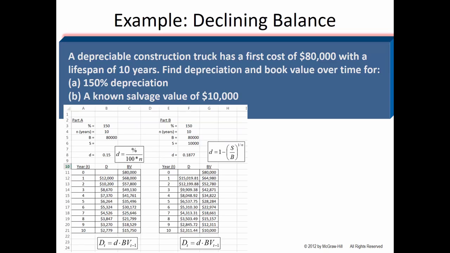So the depreciation in year one is still 80,000 times the factor lowercase d, and so on and so forth. But you'll notice that at the end of the 10 years, we forced the book value to come exactly to the 10,000 that we knew was defined in the problem statement. So in either case, you'll notice that the depreciation slows down the longer the equipment is owned because the value is lower.